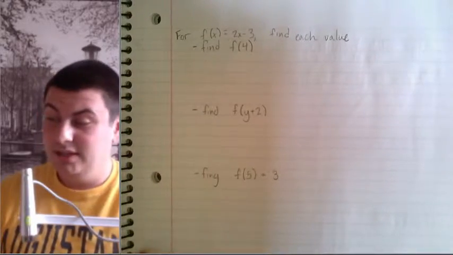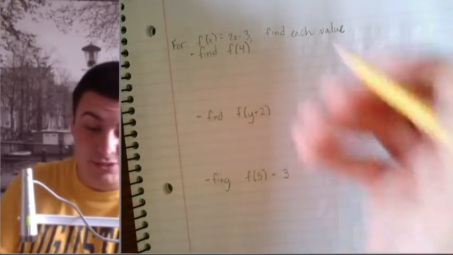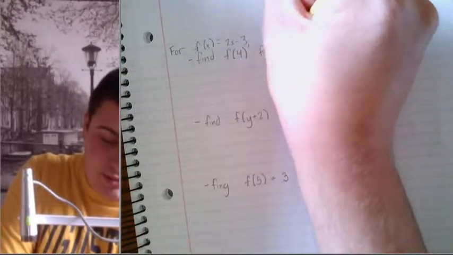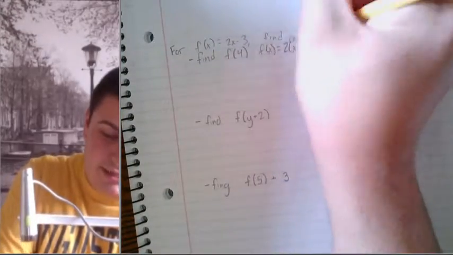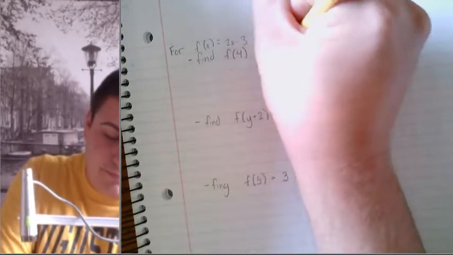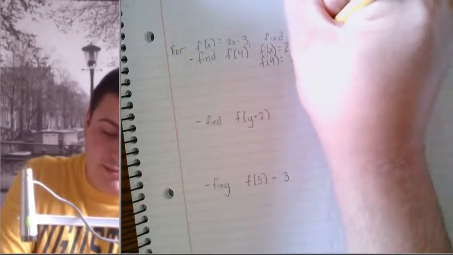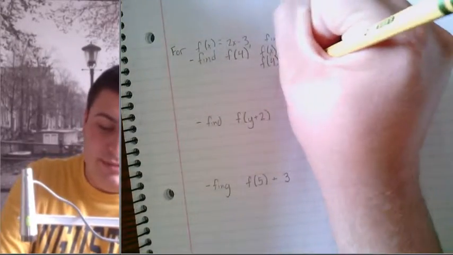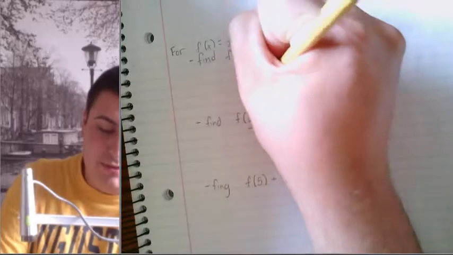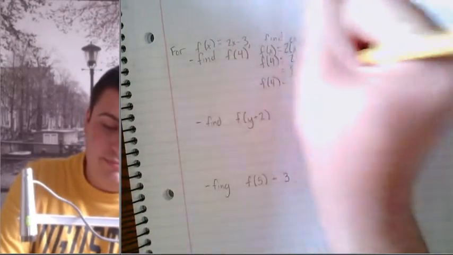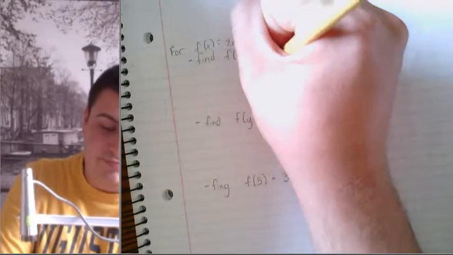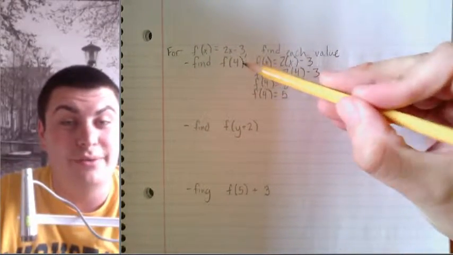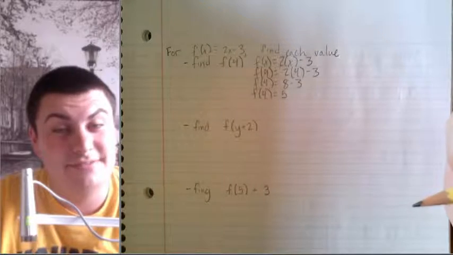So what we are going to do is use substitution to go from the fact that f of x equals 2x minus 3 to say that f of 4 equals 2 times 4 minus 3, which means that that equals 8 minus 3, which means that f of 4 equals 5. Our function with an input value of 4 is equal to 5.